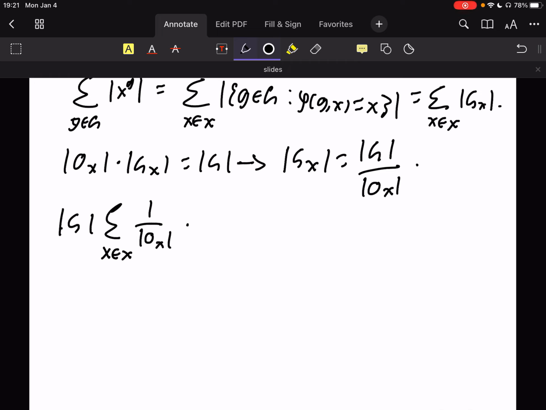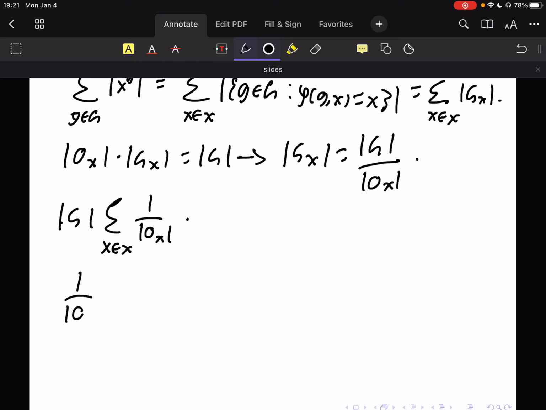Now let's pause and think of each object x's contribution to the sum in a fixed orbit. Each x contributes 1 over |O| to the sum, and since there are exactly |O| of these, the total contribution is just 1. So this is just the number of the orbits, and we know that is just |X/G|.